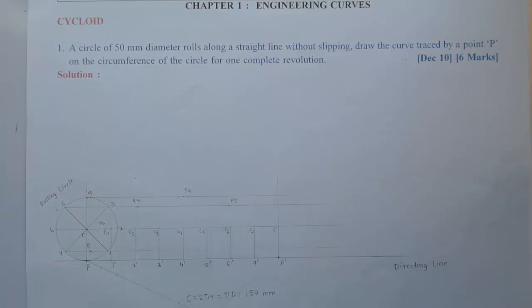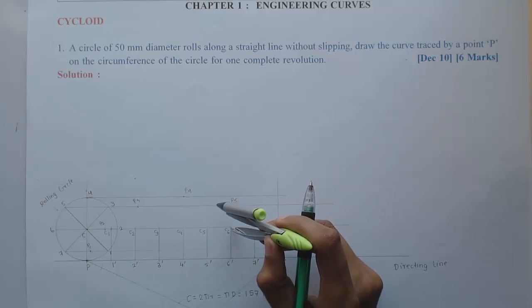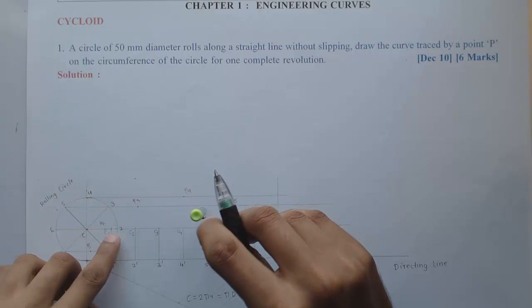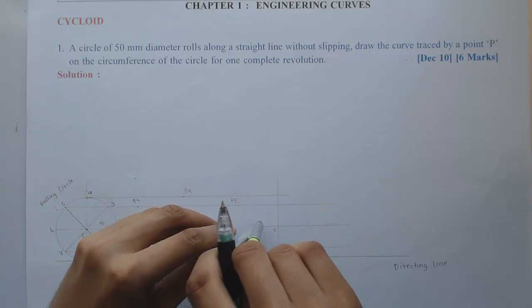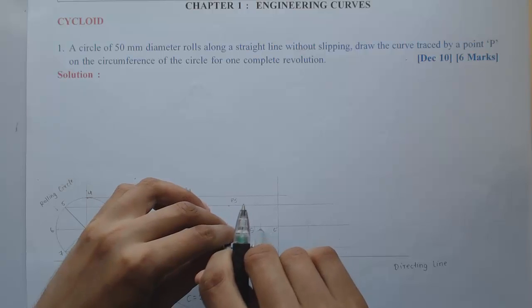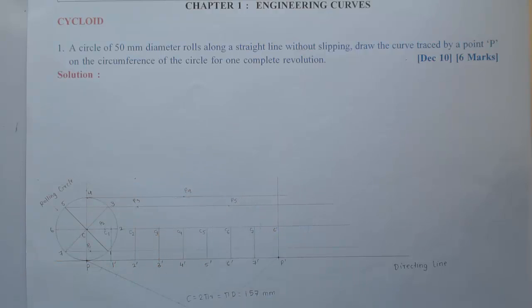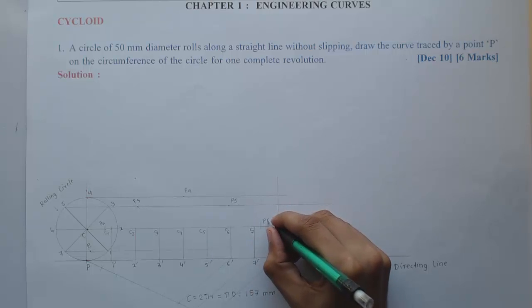So P5 we are getting here. Again with C6 we need to come down by one division. So for 6 the horizontal line is nothing but the center line, so I'm getting P6. Again I can't get the arc here, so this is the right arc, so P6 we are getting here.